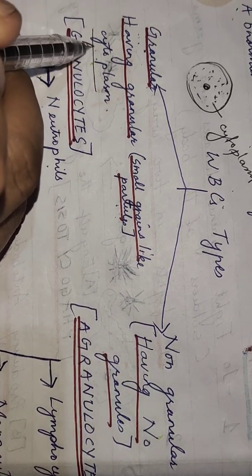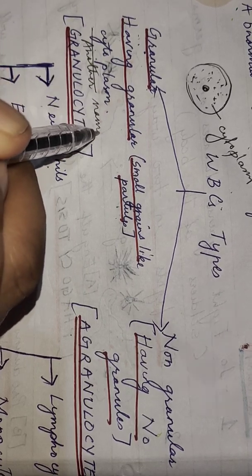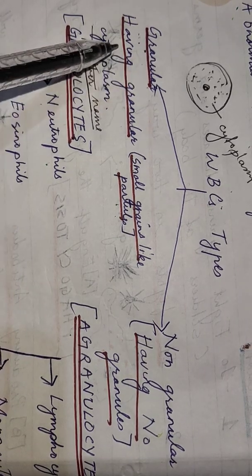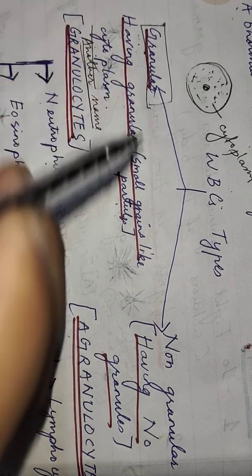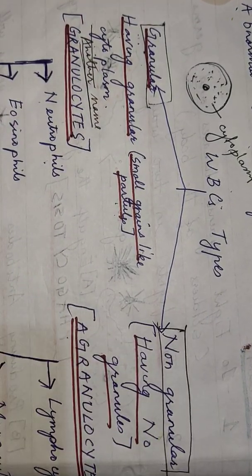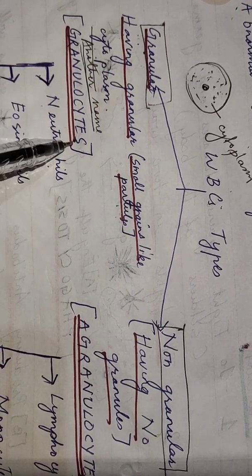Okay, so granular means having small particles like grain in the cytoplasm. Another name, remember that, very important. So granular, okay, this is one, granular and non-granular. Granular has another name that is known as granulocytes.